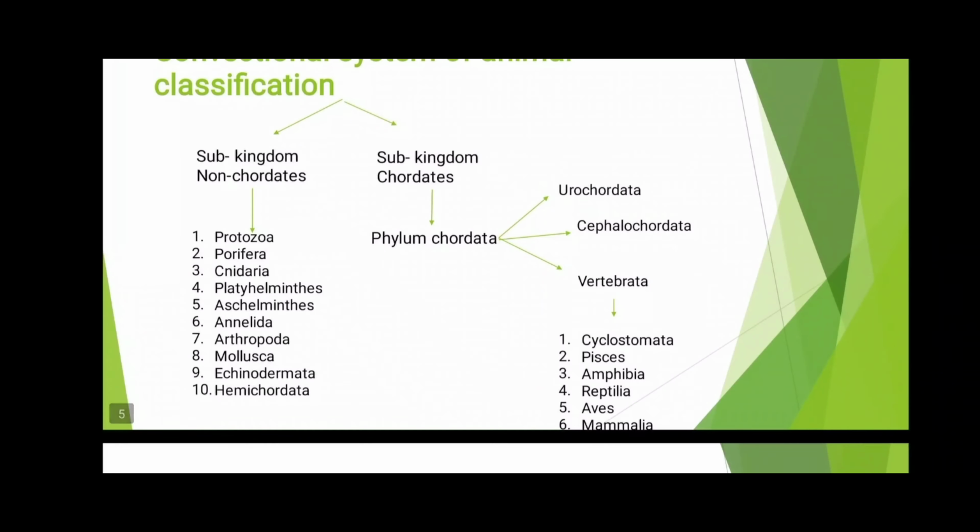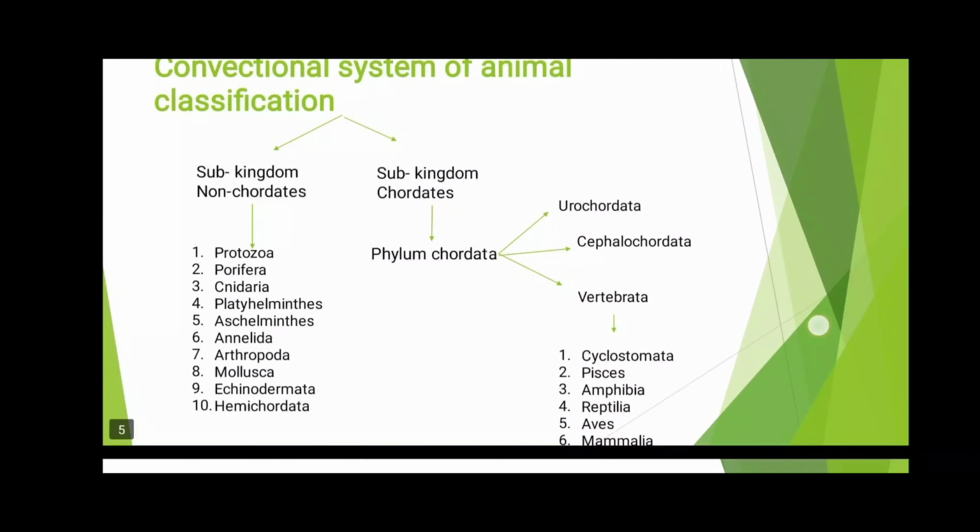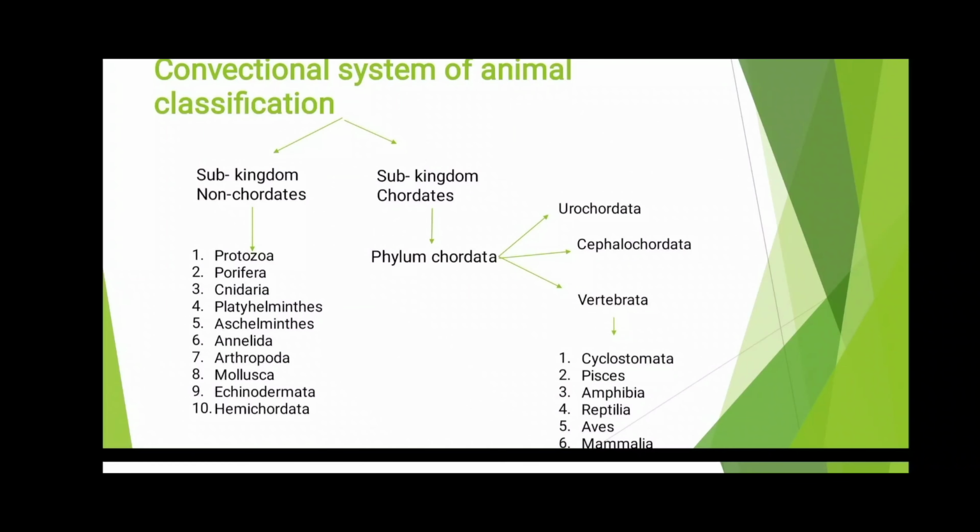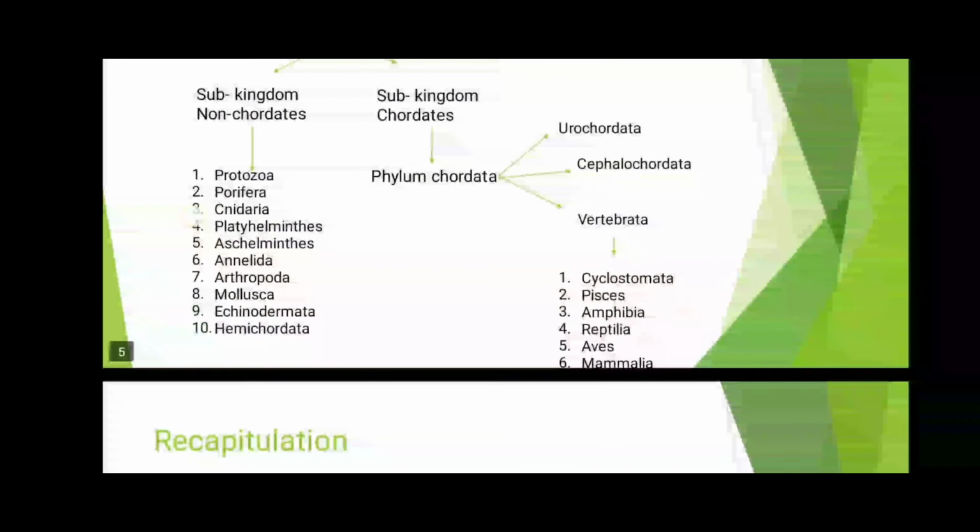Yes, ma'am. Now the next phylum is Annelida. The body of this animal is long, cylindrical, and metamerically segmented. These are free-living organisms, but a few are ectoparasites. They are found in marine as well as freshwater.